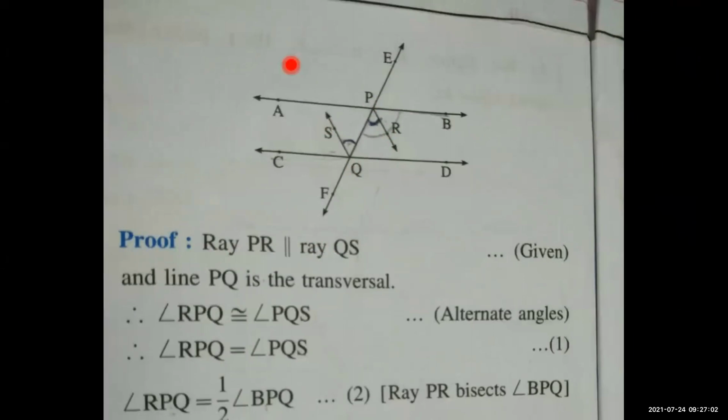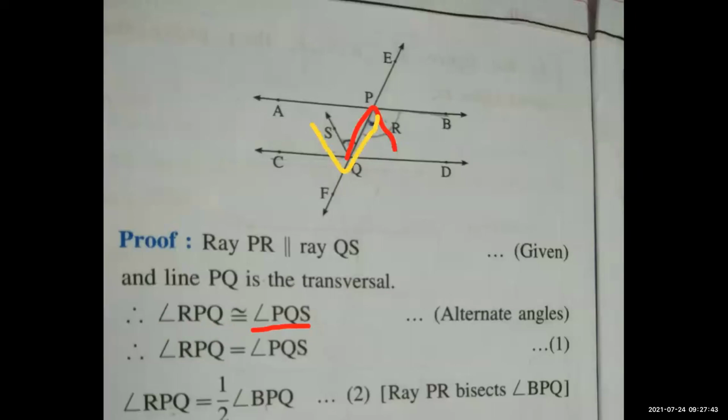And if we take PQ as a transversal, then angle RPQ, where is RPQ? Angle RPQ, this angle, and angle PQS, this angle.